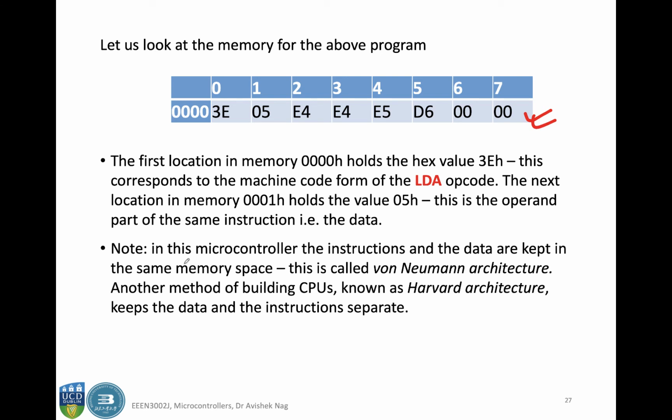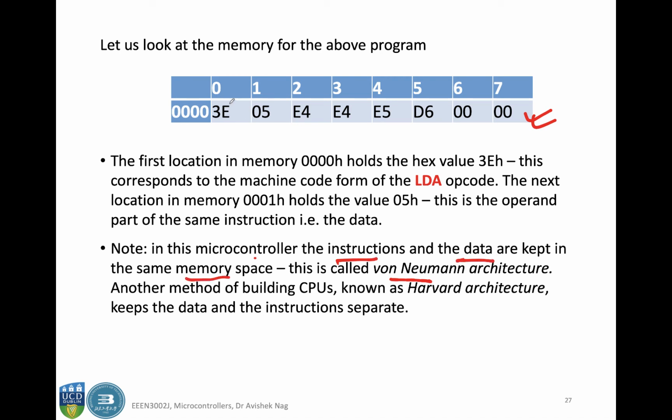And one thing to note, the example microcontroller that we are studying, with 4 instructions, is basically an example of a von Neumann architecture. In a von Neumann architecture, the instructions and the data are kept in the same memory space.